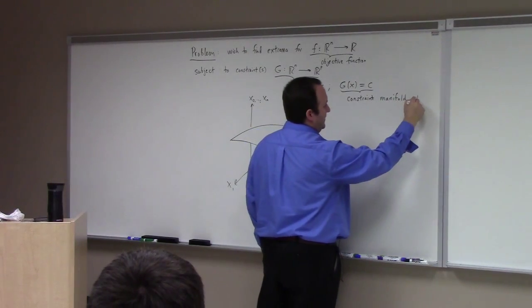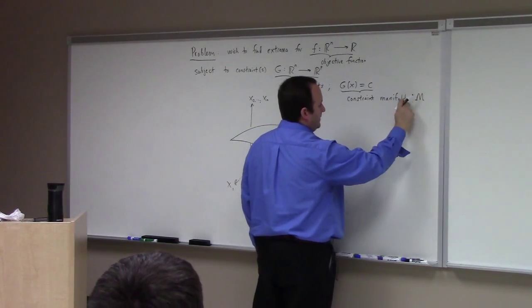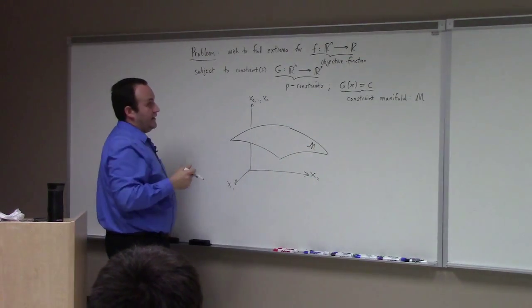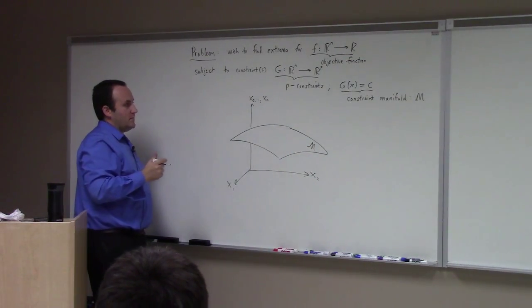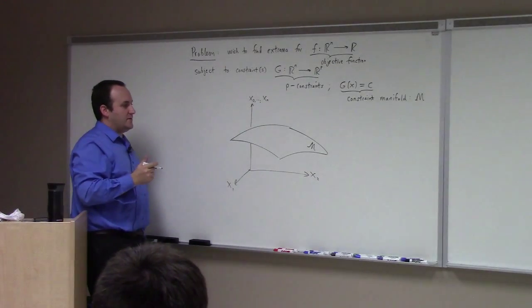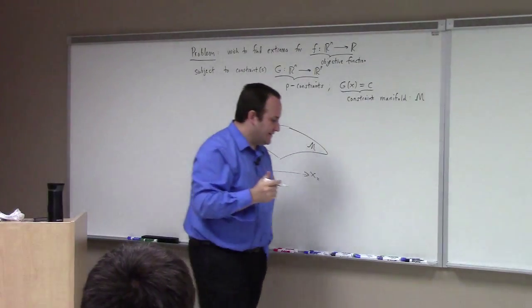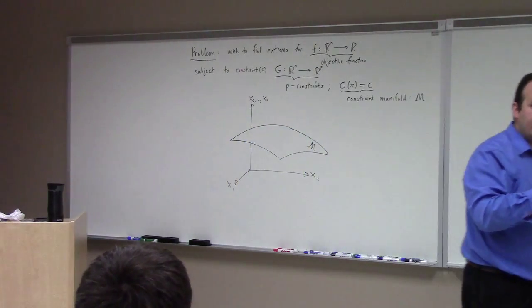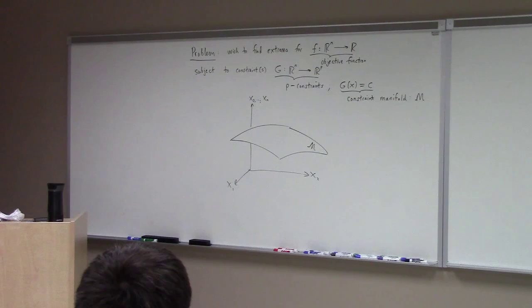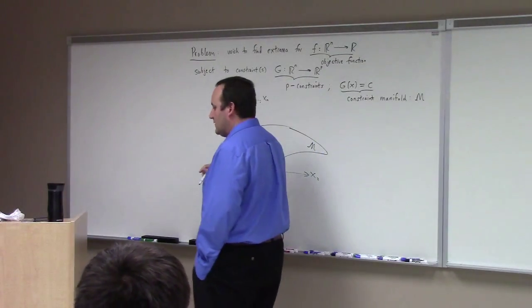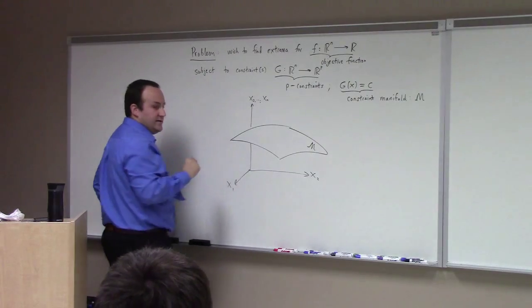Let me call it M. So here's the constraint surface, M. And the method of Lagrange multipliers makes a huge assumption at the start of everything. It assumes that there is a solution. So suppose that there is an extremal point. Suppose you have some point in Rn which satisfies the constraints and is a maximum.